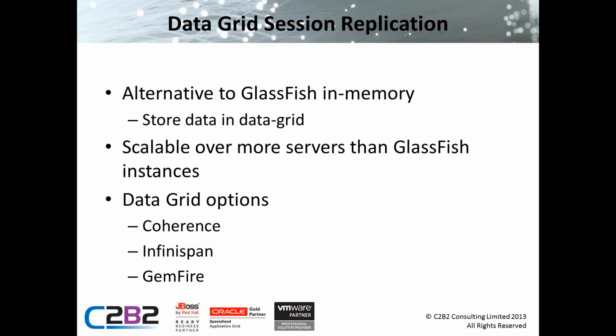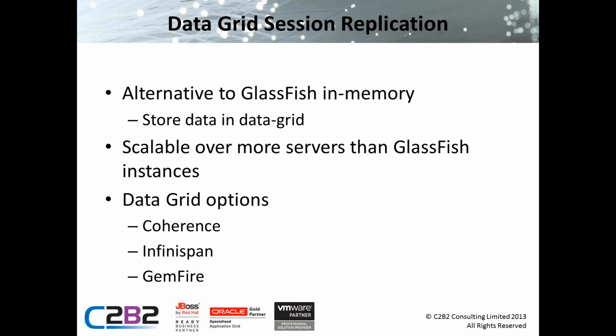So you can look at Coherence. If you have the commercial version of GlassFish, the Oracle GlassFish Server, then there is a Coherence web extension that you can use to plug your sessions into a Coherence cluster. There's Infinispan, which is an open source data grid that's being developed by Red Hat, and another popular one is Gemfire.